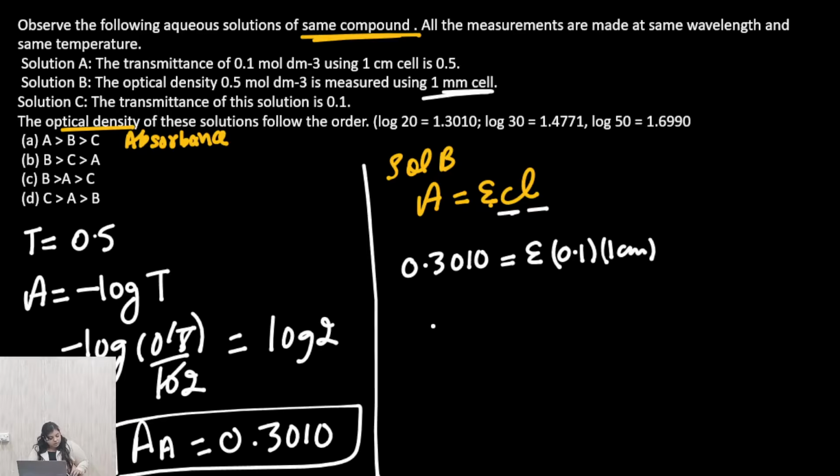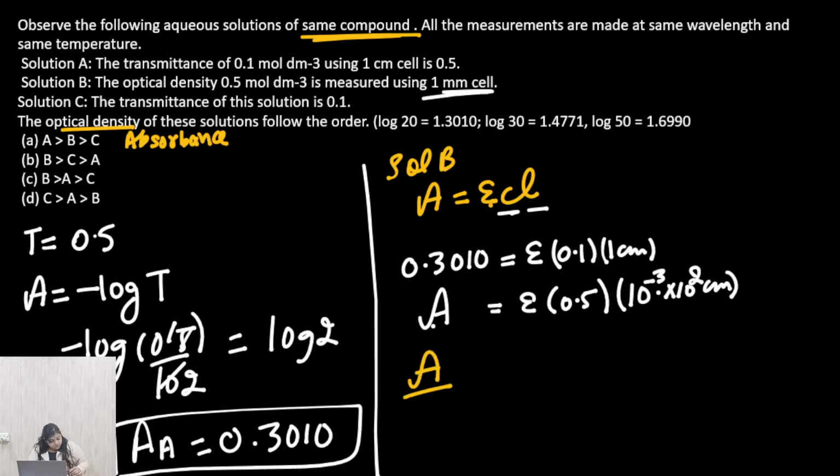Now for solution B, I have to find the absorbance value. The epsilon will be the same. This time the concentration we are having is 0.5, and the length of the cell is 1 mm. So 1 mm is 10 raised to the power of minus 3 meters, and 1 meter is 10 raised to the power of 2 centimeters. So you have got it into the units of centimeter only, right? So just take the ratio of these two, because the epsilon value from the above you are taking out, and from that you can find the absorbance of the second solution.